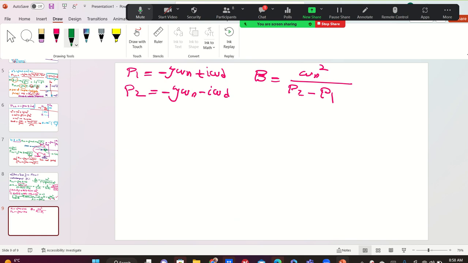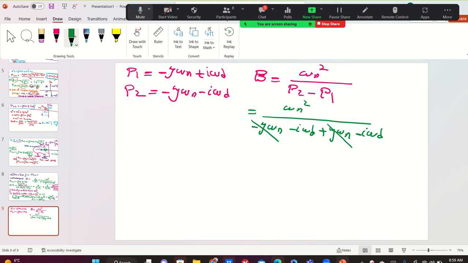So that equals omega n square over minus zeta omega n minus i omega d minus minus zeta omega n plus i omega d. This with this goes away.